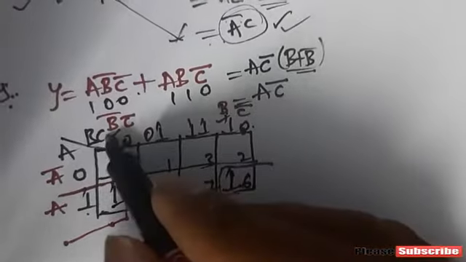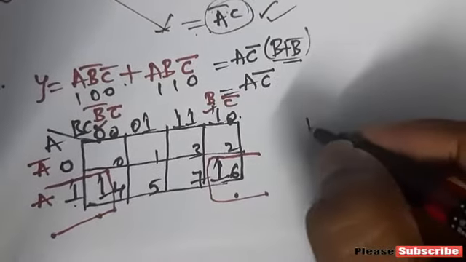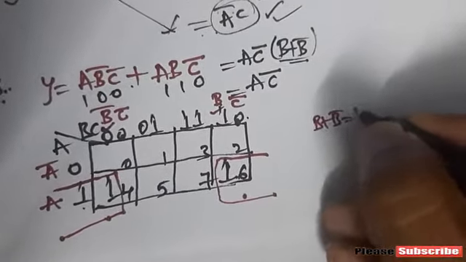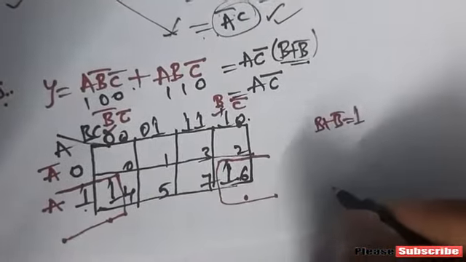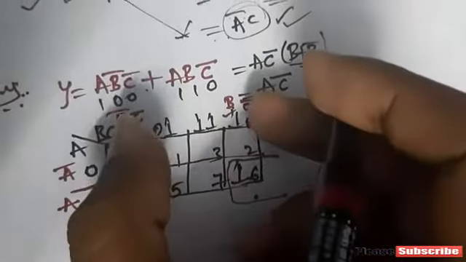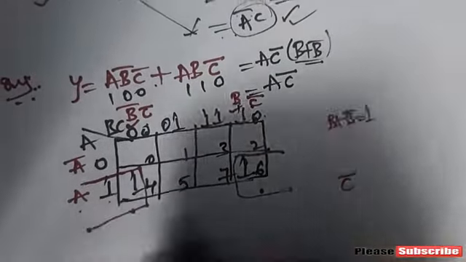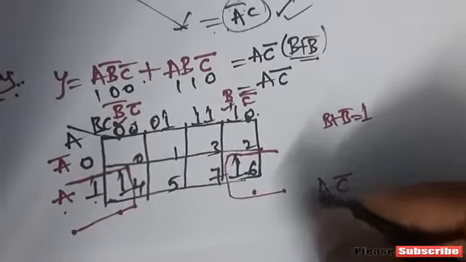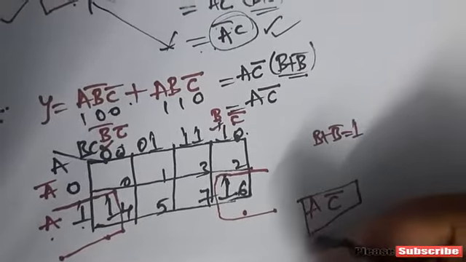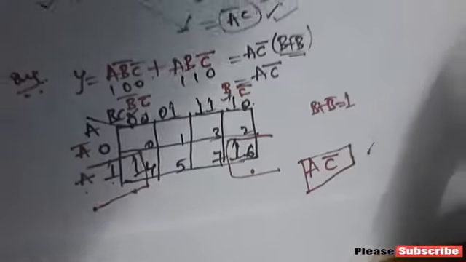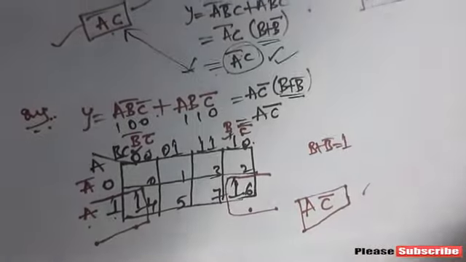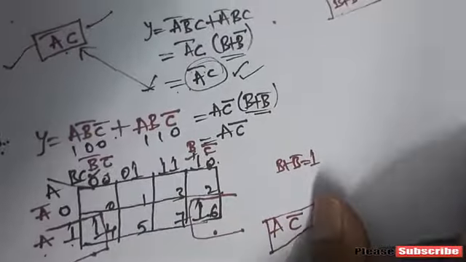That means B plus B bar is equal to 1, right? From this you will get the C bar, here you will get the A. In this way you can do the K-map.